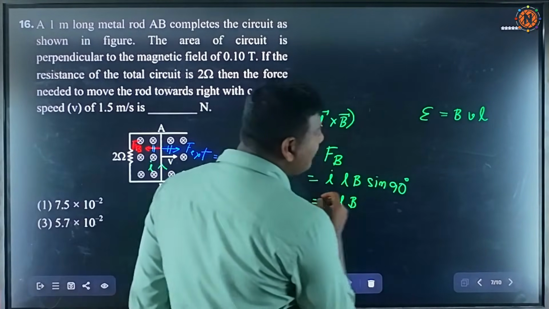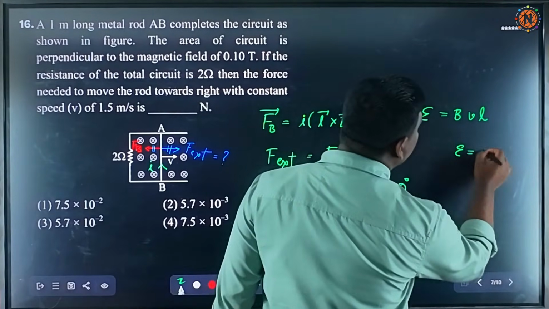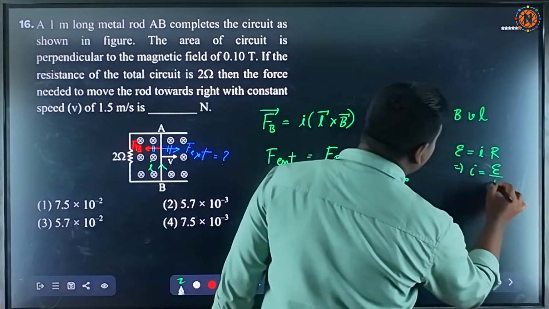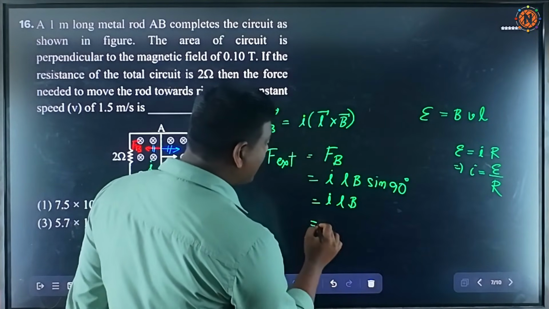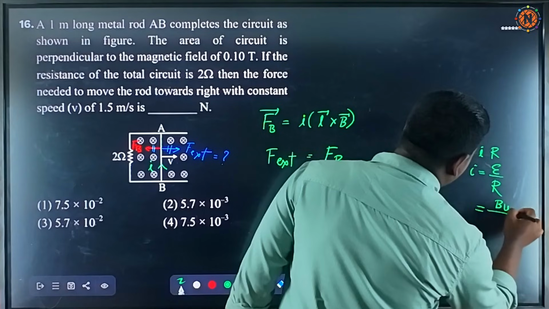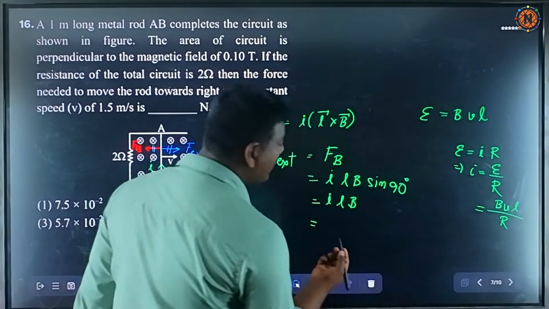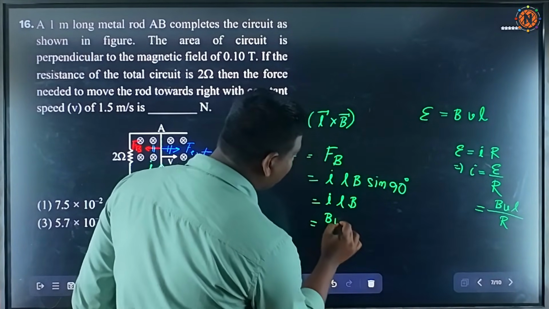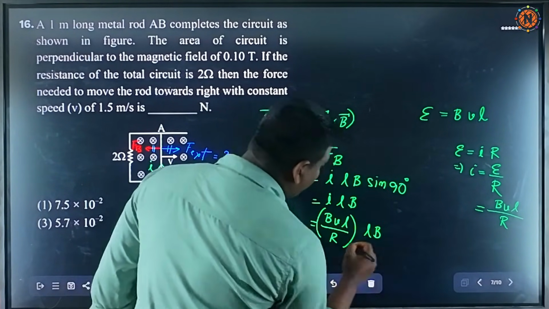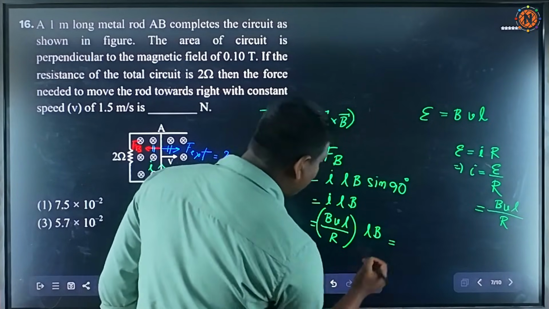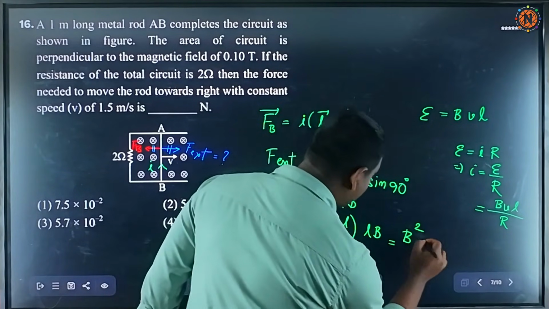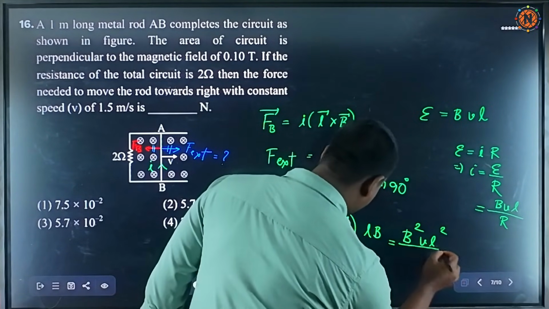According to Ohm's law, V equals I times R. So from here, I equals epsilon by R, and epsilon is BVL, so I is BVL divided by R. The force is then I times L times B, so it will be B square V L square divided by R.